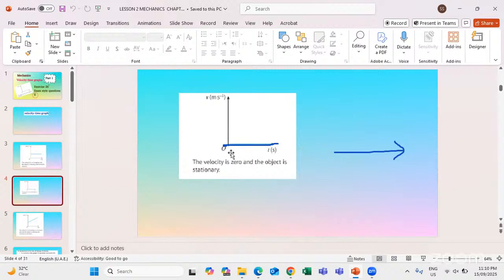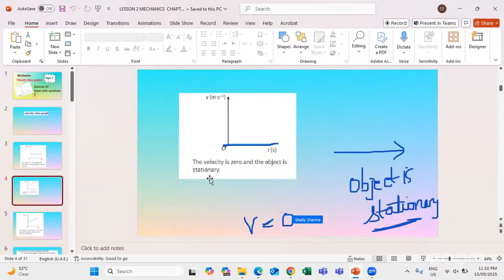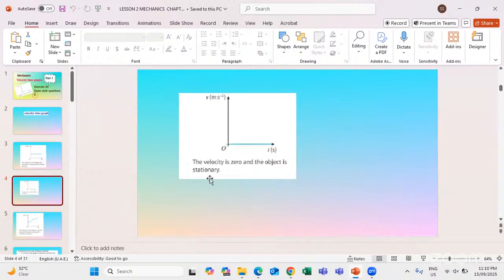So velocity is zero and the object is stationary. Sometimes in the questions it will be written that the object is stationary. When it is written that the object is stationary, you need to understand by yourself that stationary means its velocity will be zero. It is a different way to say the same thing.